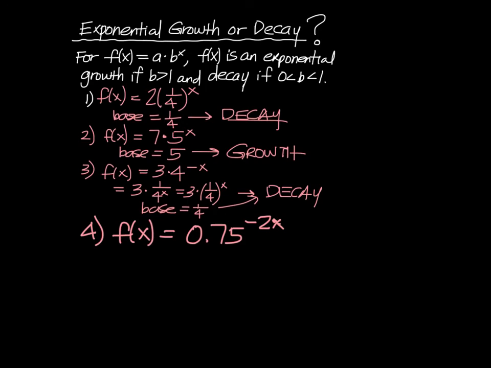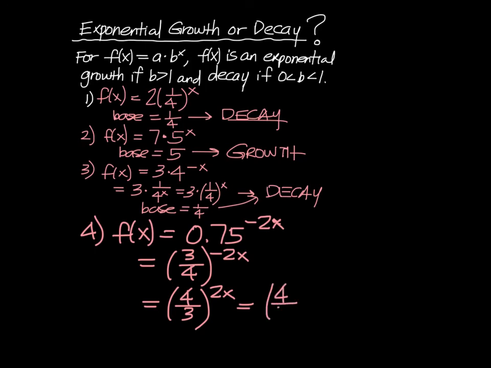Okay, now here's the solution. Well, I can write this as 3/4 raised to the negative 2x power. But then I have a negative exponent. To make it positive, I just take the reciprocal of 3/4, and all of a sudden, now it's positive 2x.